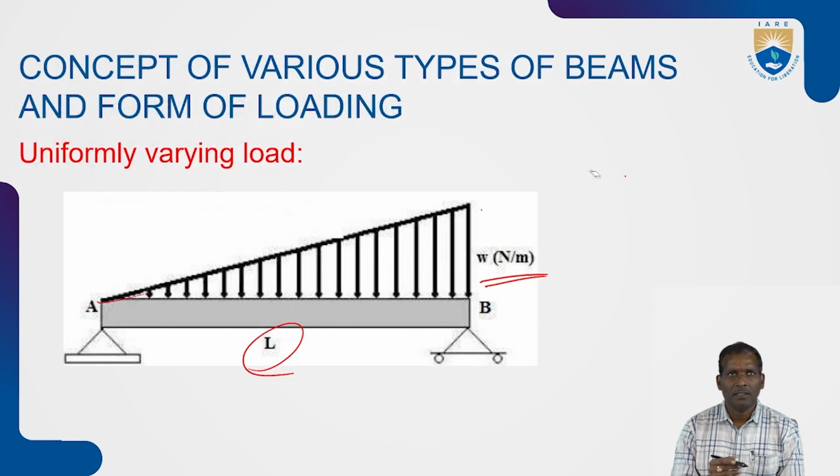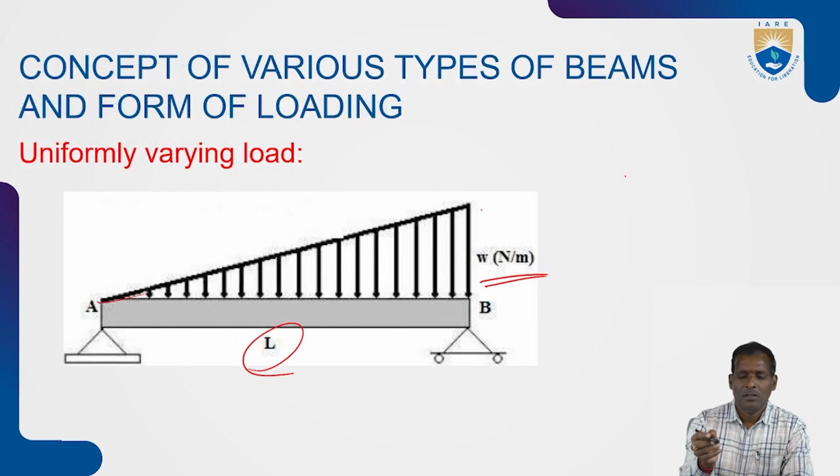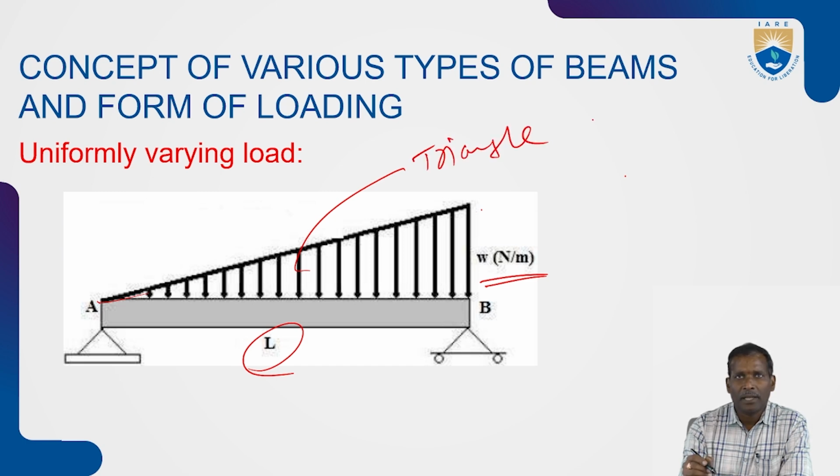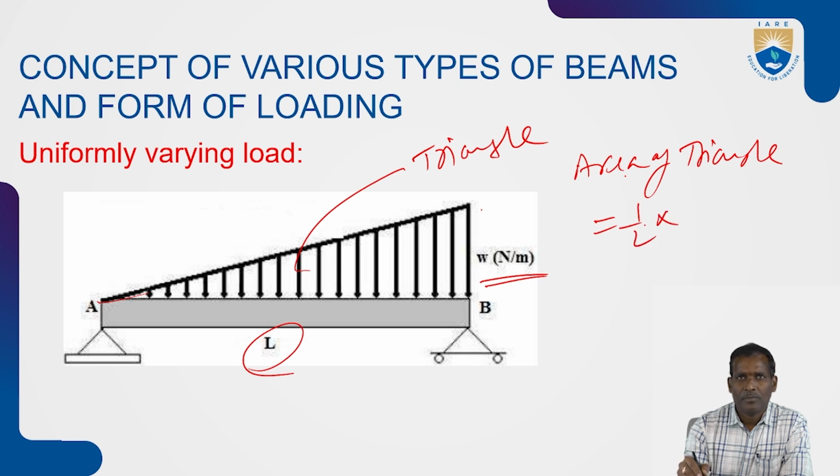So how do we calculate this uniformly varying load? This is a triangle. How do we calculate the area of the triangle? Area of triangle is half of base into height, you know.